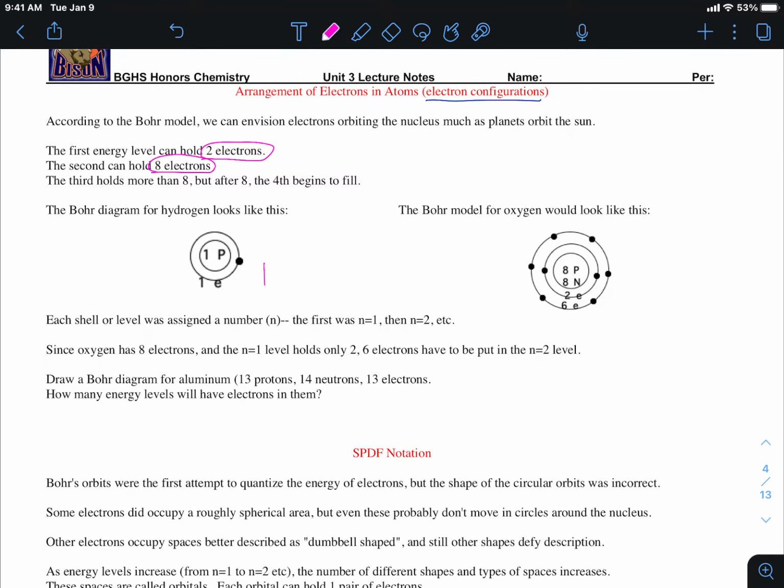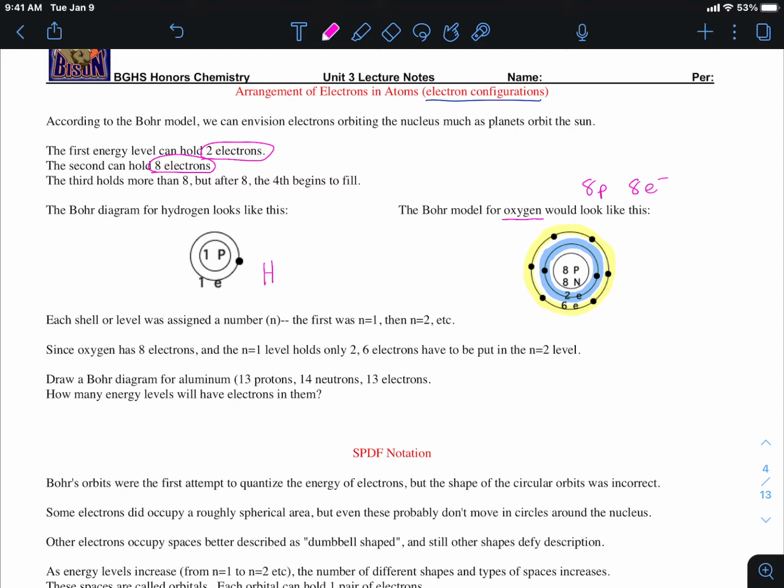So this is a Bohr diagram for hydrogen. I can tell that because there's 1 proton, 1 electron. For oxygen, which has 8 protons and 8 electrons, the diagram would look like this. Here's your nucleus. This right here would be energy level 1. See the 2 electrons in it? And outside of that would be energy level 2.